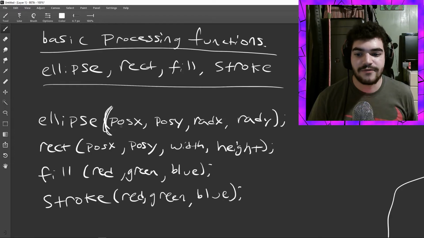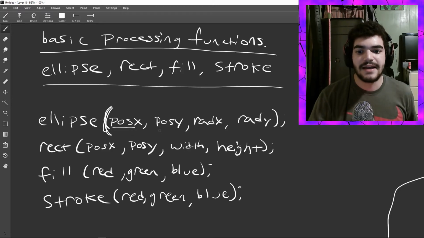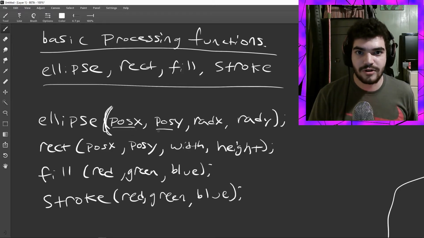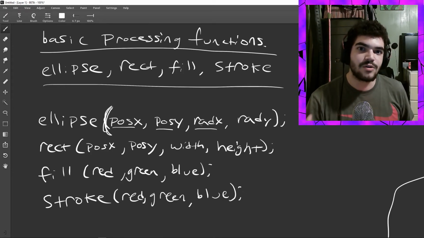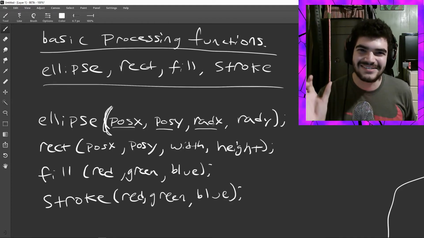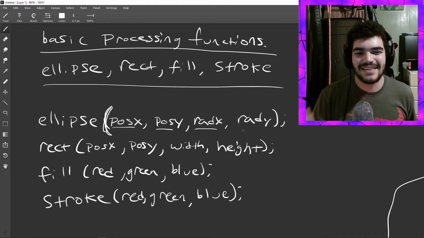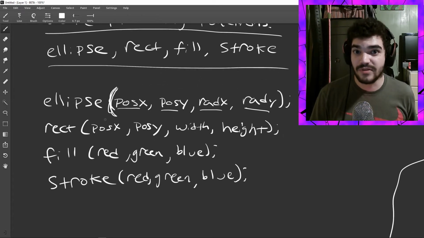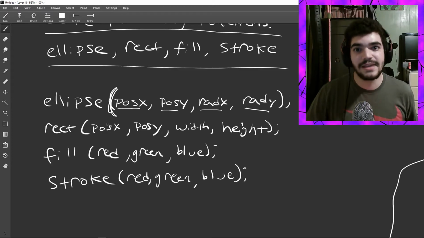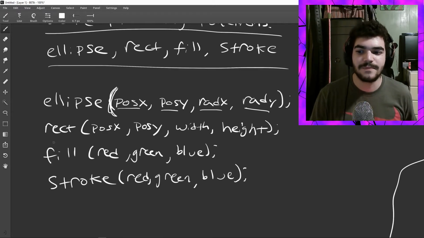And we say, okay, the first one is going to be the x coordinate of the position of the center. And then the second one is the y coordinate of the center of our ellipse. The third one is going to be the x radius of our ellipse. And then the fourth one is the y radius of our ellipse. I'm going to demonstrate these in just a moment within the processing environment, and also give you a task to do before next episode.